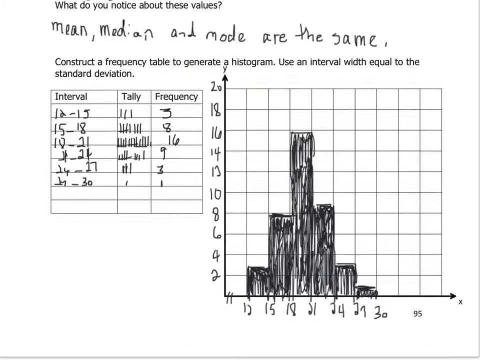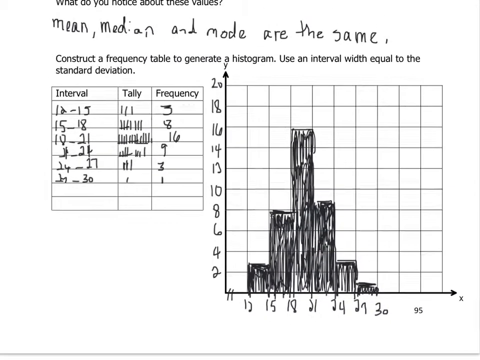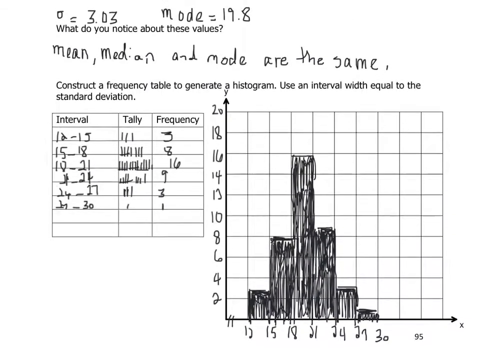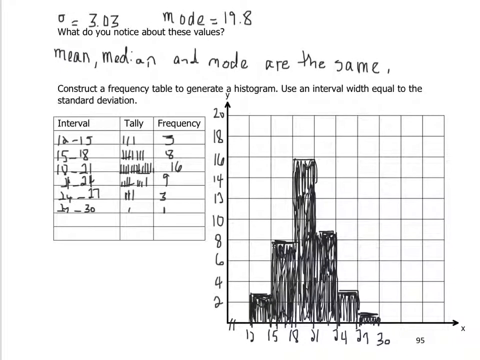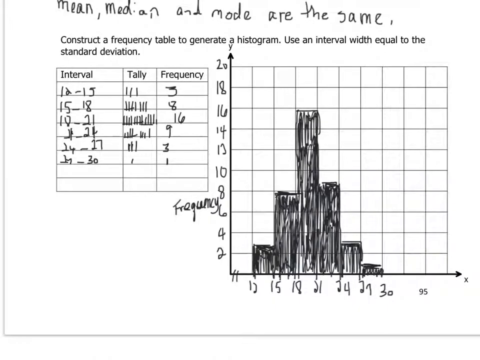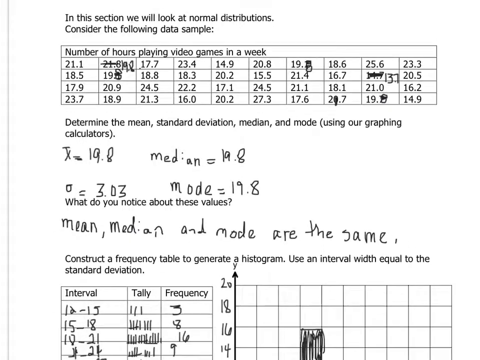So when I construct the histogram, there's not enough room there to put titles, but the vertical side should be labeled as frequency. I guess I can write it here. The horizontal axis would be the data values, which are representing hours.